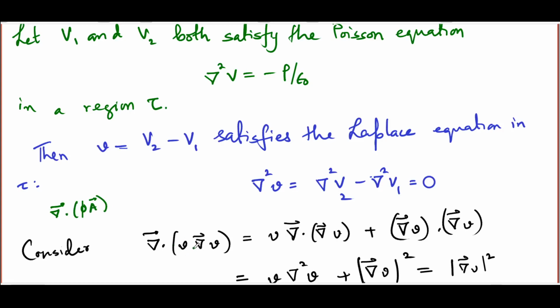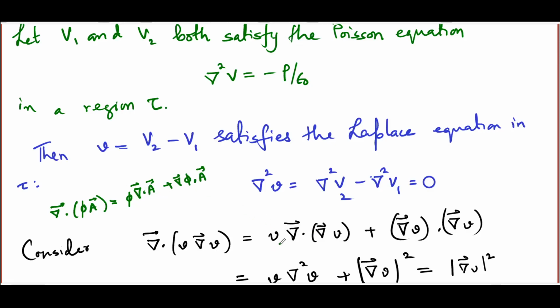Here small v is the scalar field and gradient of small v is the vector field. So phi is small v and gradient of small v is A. And the identity that we had was, this is going to be phi times divergence of A plus gradient of phi dotted with A. Now, if you use that here with small v as phi and gradient of small v as A, you immediately get this result.